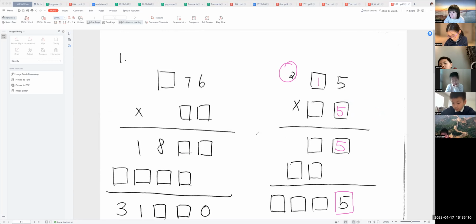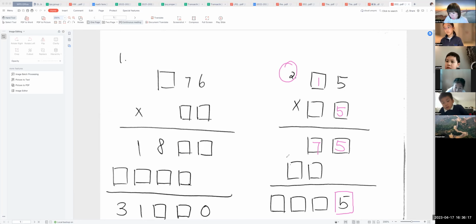Okay, everybody, try to do it. Okay, so if here is 5, so 15 times 5 equals 75, right?